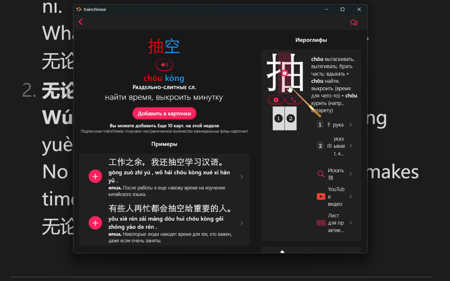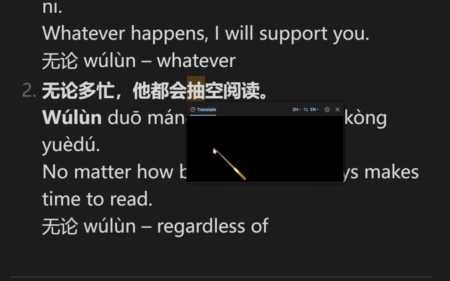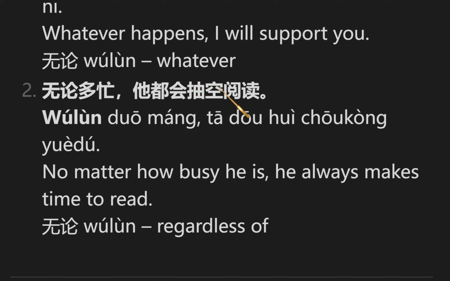抽, it's to find time for something. Whip, take out, inhale. 抽烟的烟，抽烟的抽。Extract, so extract free time, you can say. 抽空, makes time to do something.